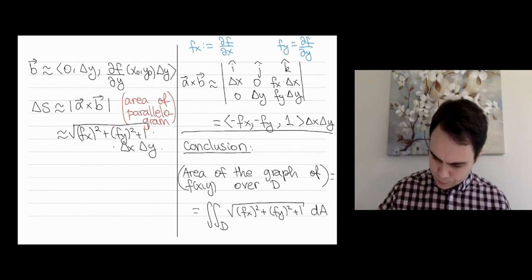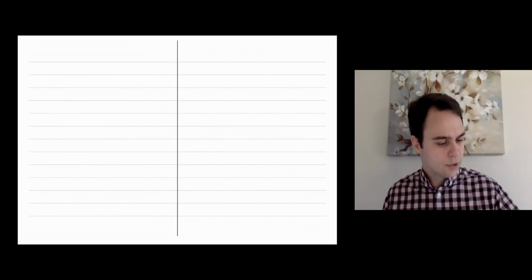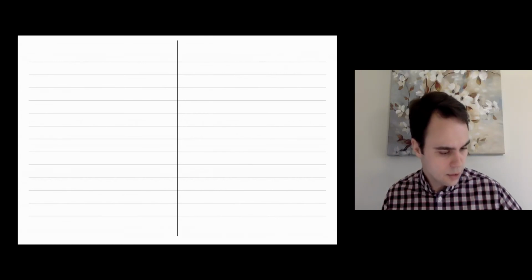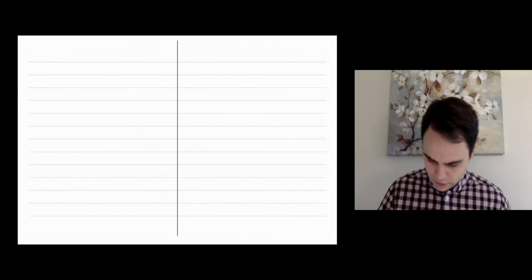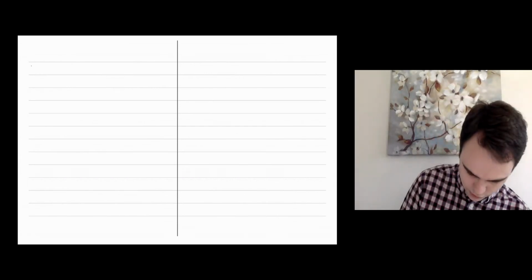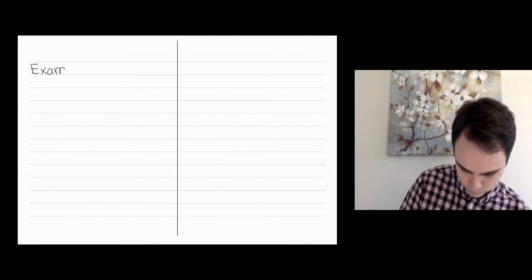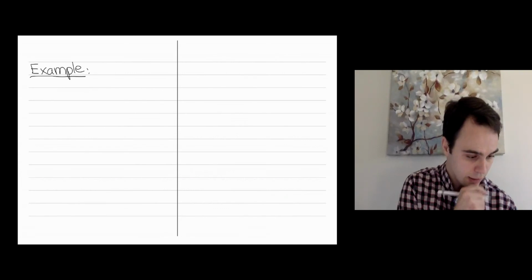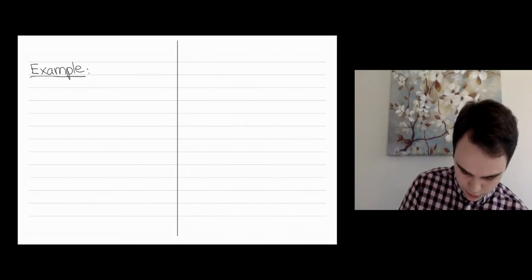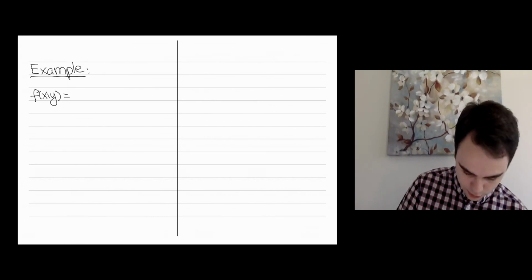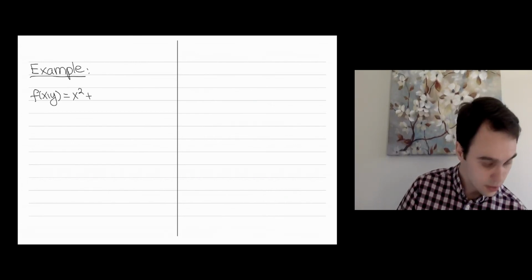Okay, so to conclude today's lecture, I would like to do an example calculation. Let me check in my notes exactly the numbers, the formula, the function, and the shape. So here's the example calculation. We'll compute the area of the graph of the function f of xy equals x squared plus 2y.